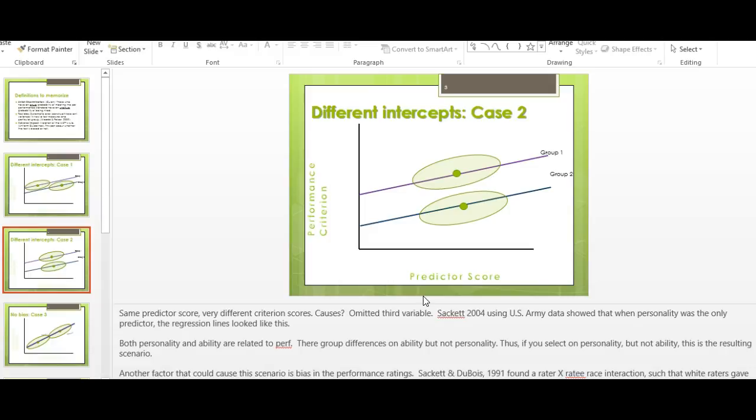And secondly, you'll want to look at your selection battery, and if you are using a selection test that doesn't result in group differences, which is good, but it is correlated with performance, and if you would use another test, you will have group differences, but you'll also have better prediction probably.